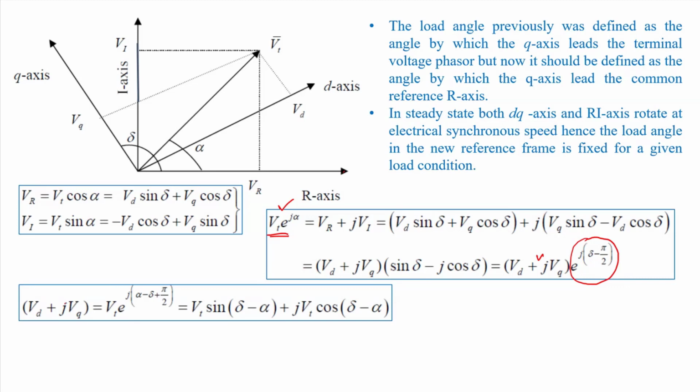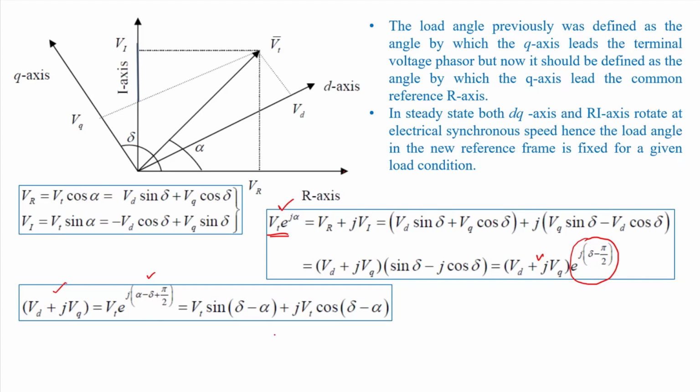And if we want to find the dq axis quantities in terms of the terminal voltages, where the terminal voltages are known from some load flow analysis or mathematical analysis, then we can easily find the dq axis component Vd plus jVq just by multiplying again by e to the power minus j of delta minus pi by 2, right?